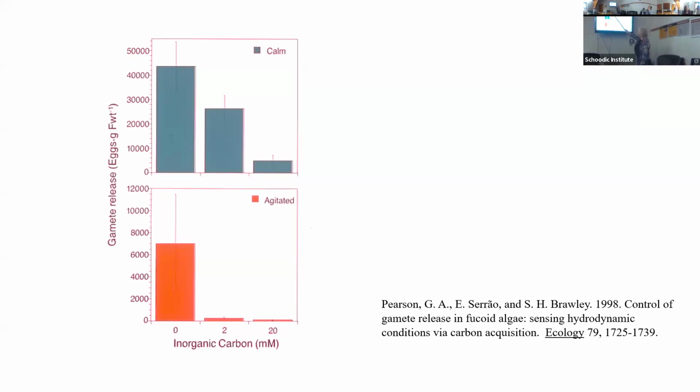So here under calm conditions, the gametes get released in large amounts, but under agitated conditions, you see they also do, because the bicarbonate sensor isn't there. It's already zero bicarbonate, and the stirred medium isn't relieving that. It's not bringing more bicarbonate to the surface of the receptacle.